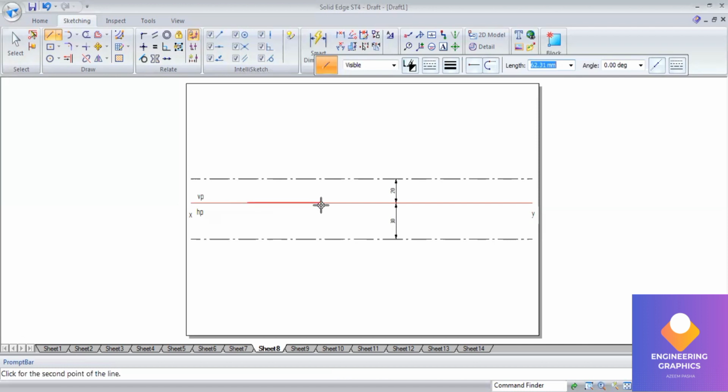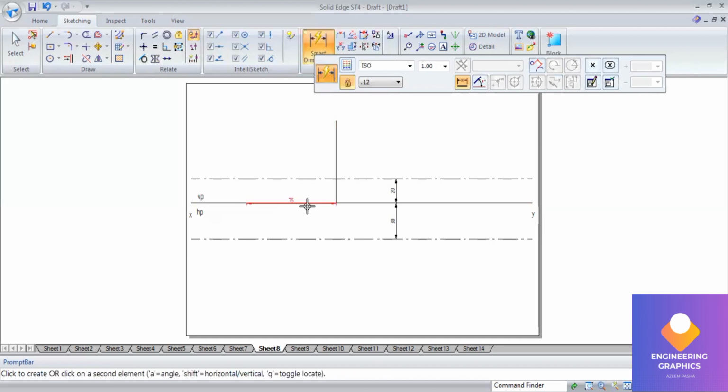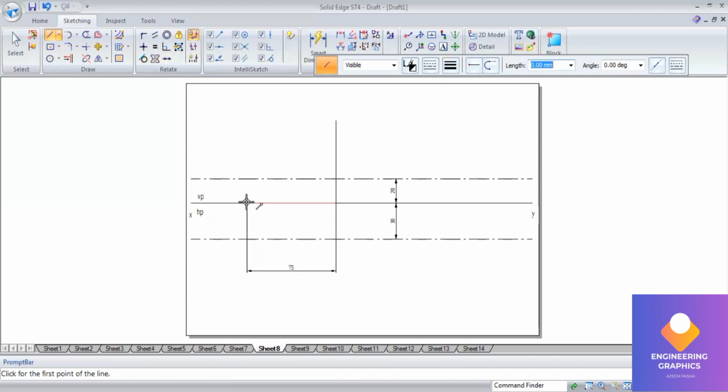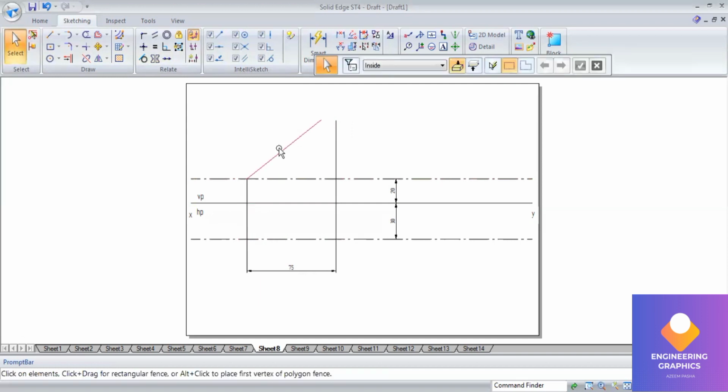So I'll consider the first upper end length as 75 mm. Okay, upper end length in top view. So that's the 75 upper end length. Now we construct the true length from this end. I'll consider the true length as 80 mm. Okay, type 80. Here actually I should consider arc by center instead of the line.